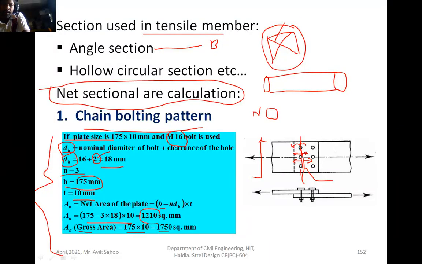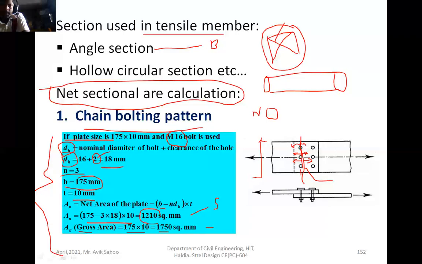So you see that to make the connection, you have to make holes on the plate. Due to the presence of holes, the net area is reduced, and so the strength is also reduced.